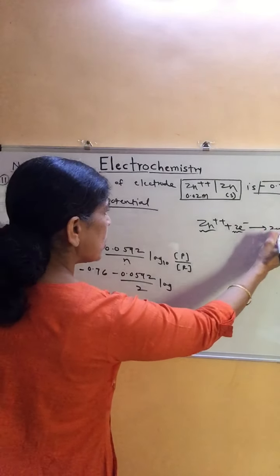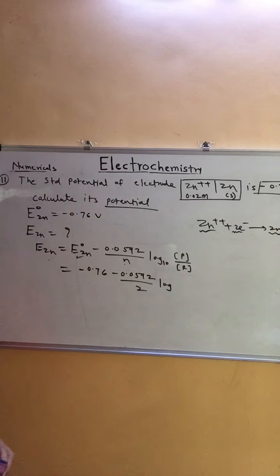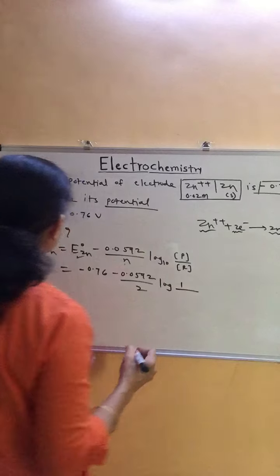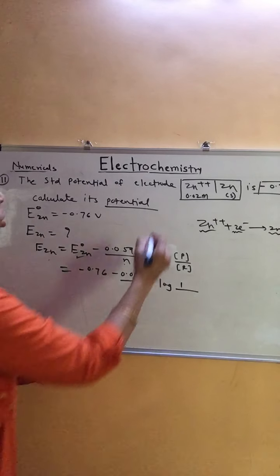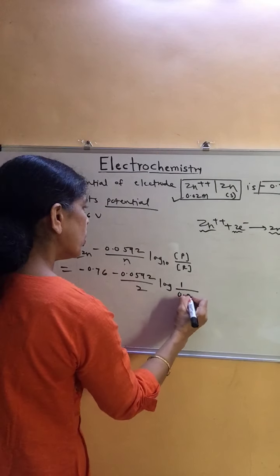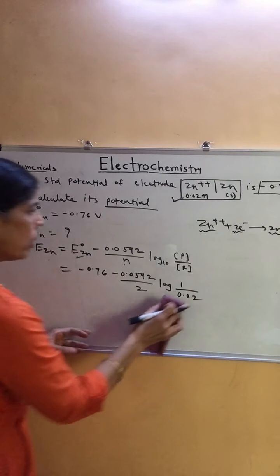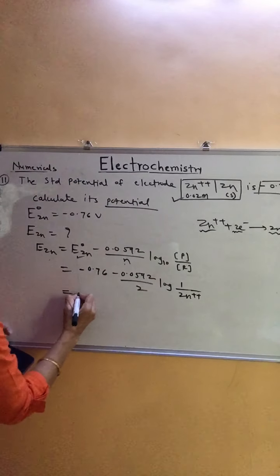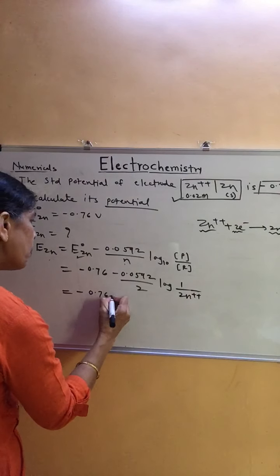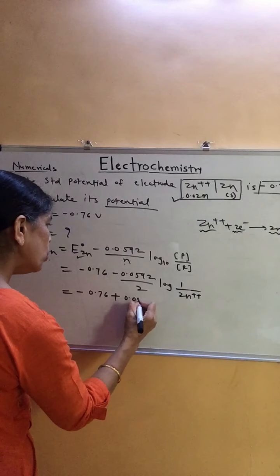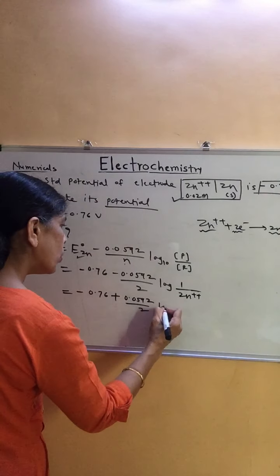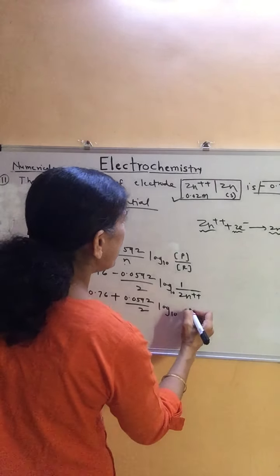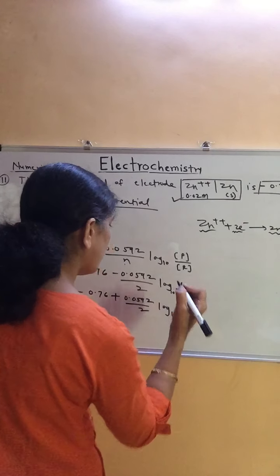Now the concentration of a metal or solid is unity. Therefore, 1 upon the Zn2+ ion concentration, that is 0.02, you can substitute. Or you can write it first as Zn2+, so it will be equal to minus 0.76 plus 0.0592 upon 2 times log of 0.02 to the base 10.